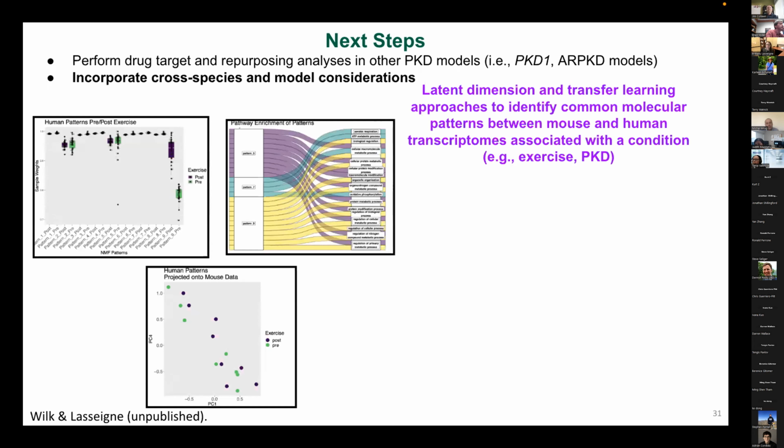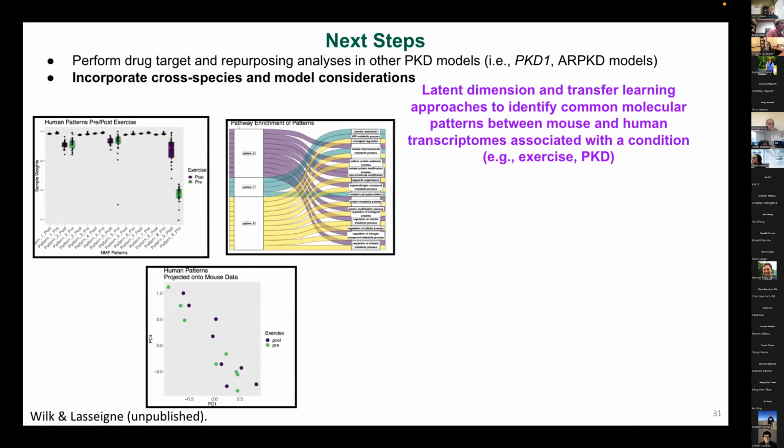So just really briefly, I will say that we haven't applied this yet to PKD, but we've applied approaches, for example, in muscle, to ask the question of, can we identify exercise patterns in humans, which you see in this top left box, where each of these purple-green pairs represents pre and post gene expression patterns that we identified in humans.